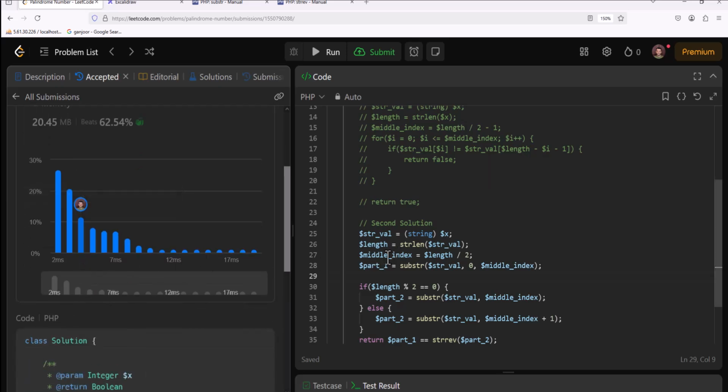Oh, it's because of the print echo function caused that time. You know, we should not go to this direction. We should go to this direction.